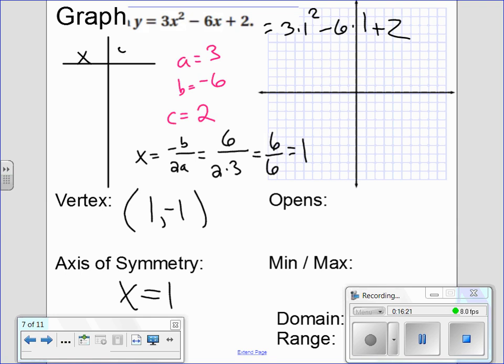As far as my table, that vertex of (1, -1), I definitely would have smack dab in the middle of my table. Maybe pick 1 or 2 values bigger. Let's just pick 1 value, just save some time, and pick 1 or 2 values smaller. I'll just do 1. All right, so I can arrow up, and this time plug a 0 in everywhere I see an x.